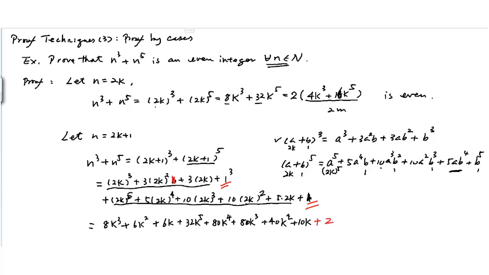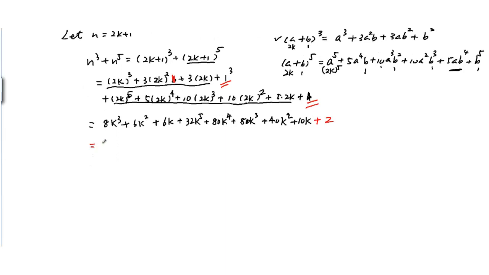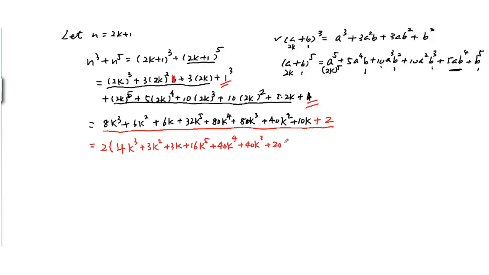So this case is a little tedious. Now you can see everything here you can factor 2. After you factor 2, you get 4k to the third power. This one you have 6k squared by factoring 2, this one you have 3k. This one you have 16, this one you have 40, this one you have another 40, by factoring 2 you have 20, this one you have 5k, and for 2, you still have 1.